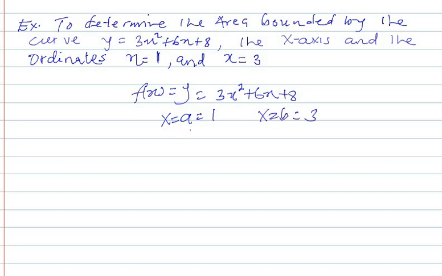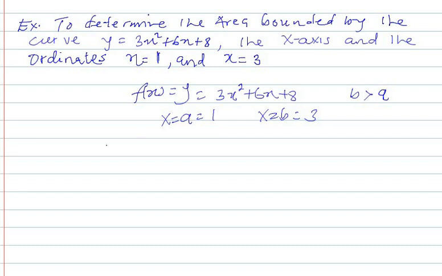Remember from our derivation, a is the lower limit and b is the upper limit, and b must be greater than a. Here b is 3, a is 1.